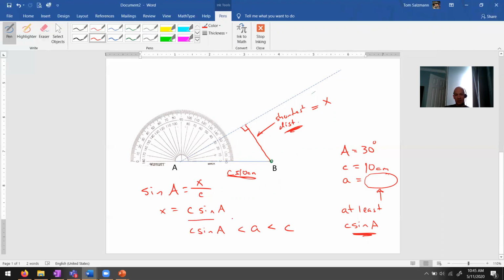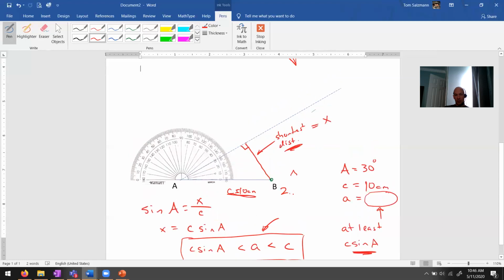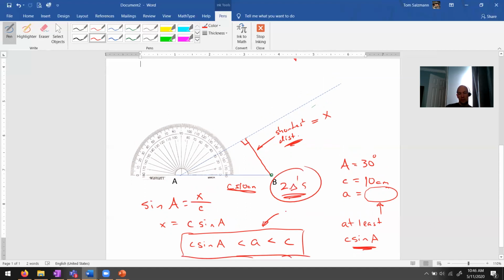So we have this condition here. If side A is larger than C sine A, which is the shortest distance x, but it's shorter than the hypotenuse, which is C, then this results in the possibility for having two triangles. I don't know why Word is doing it weirdly like that, but there you go. So this is the condition for two triangles.